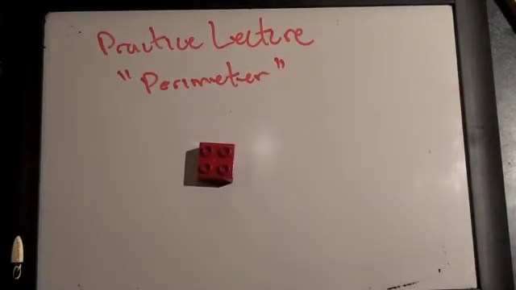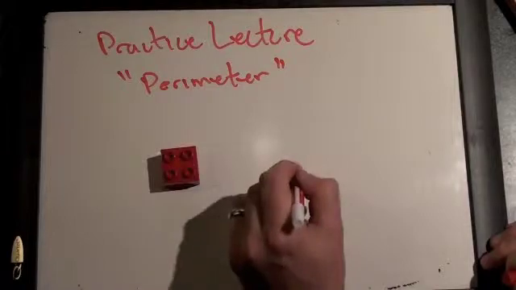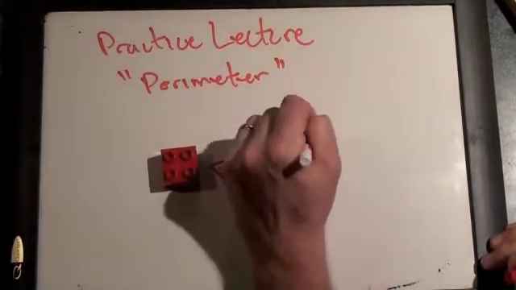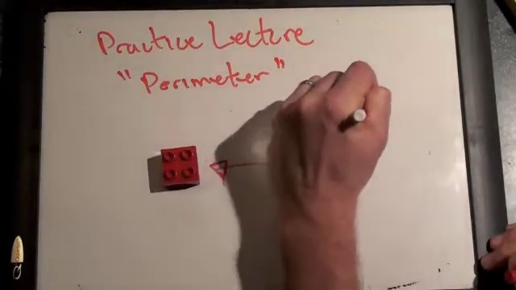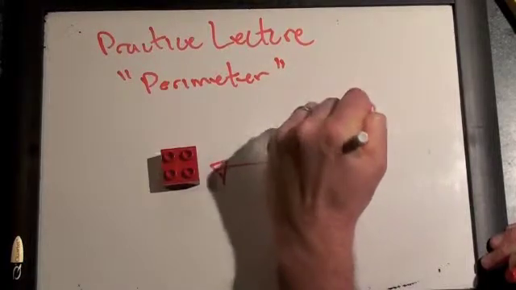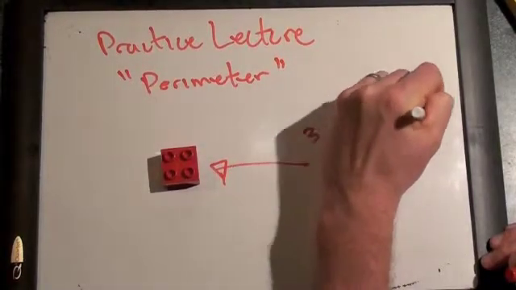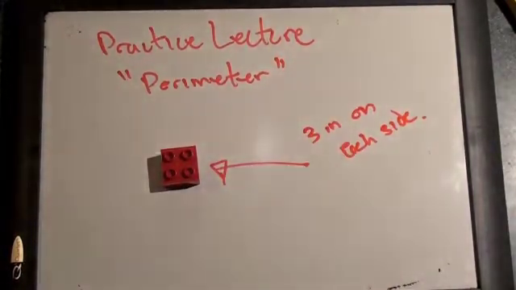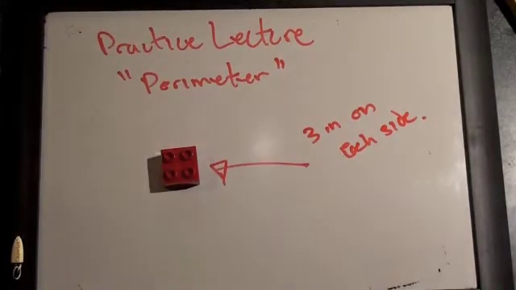So let's say I had a little square and I told you that the square has 3 inches on each side. What's the perimeter? Perimeter is 3 times 6, because every cube has 6 sides.